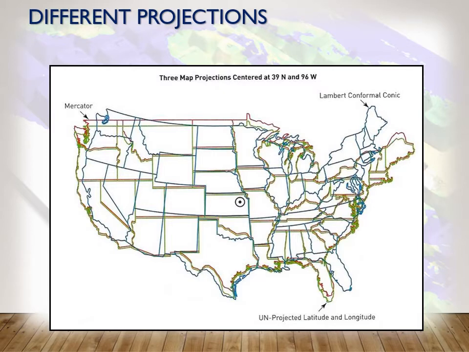But one of the things that we will look at is how the United States, what is the best way to represent the United States? Most of the time, you might see the United States being represented like a Mercator, where the boundary between the US and Canada is a straight line. But in reality, what we should be using is a Lambert conformal conic, where the boundary is a curve, because again, we're dealing with a three-dimensional object.